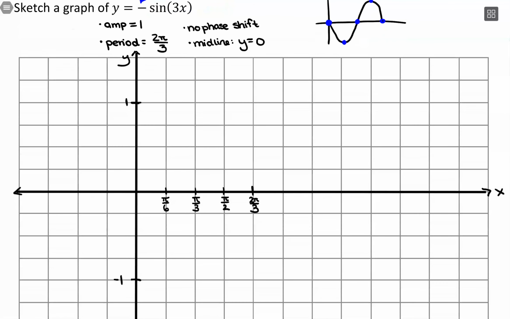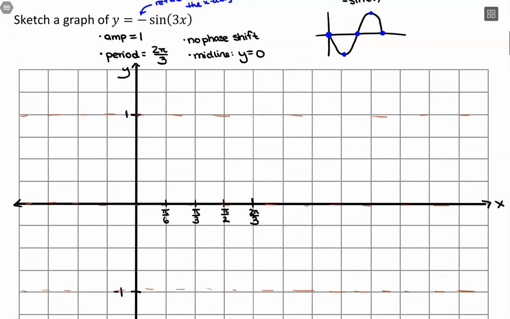Alright, so midline is going through the x-axis. Maximum value should be hitting positive 1. Minimum value should be hitting negative 1, based on our amplitude and midline. No phase shift, so now we just need to create a graph within that one period. What I'm going to do is mimic these points I did up here with that reflected sine of x.